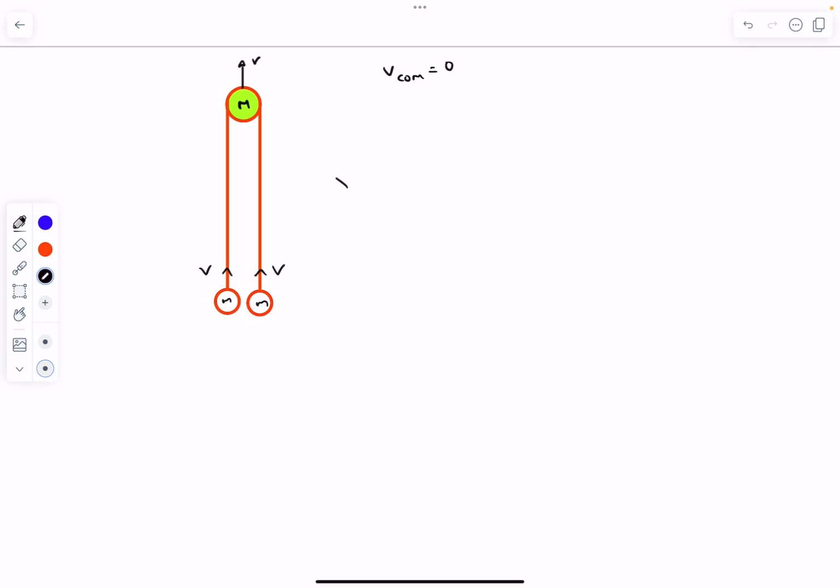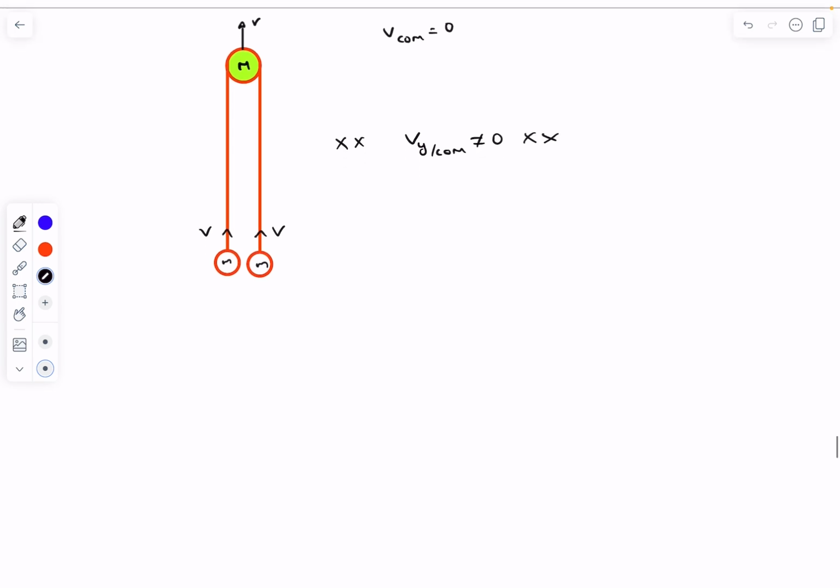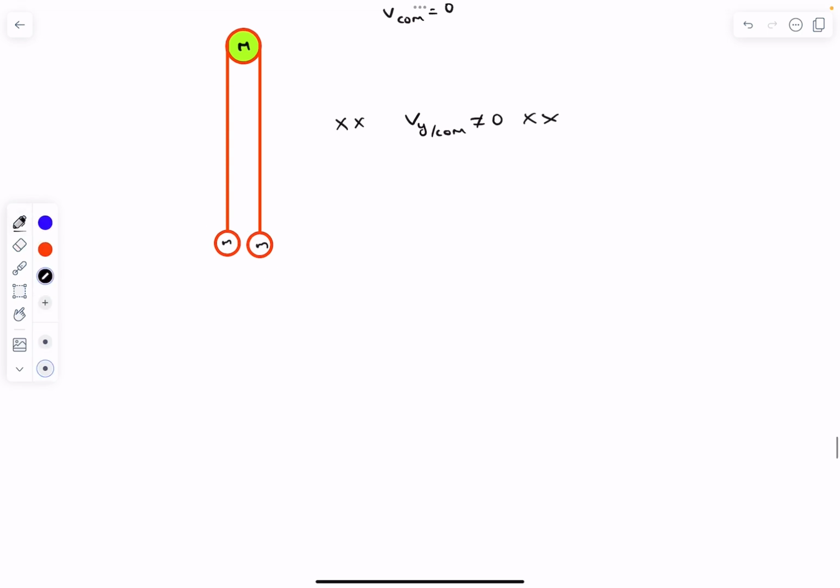But this is not possible, because if each of these masses moves with v upwards, then the vy of the center of mass will be non-zero, which is not true. Finally, all of their vy will become 0. That's the only possibility. But they will have some approach velocities, let's say v1 and v2.